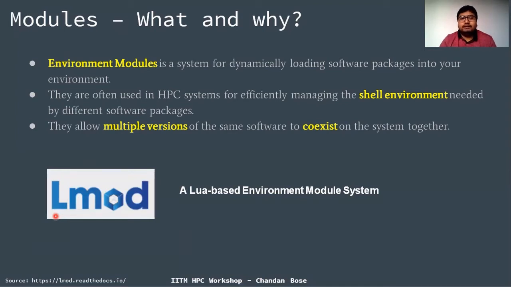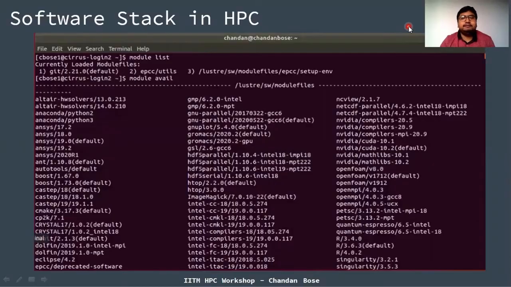I will demonstrate why these modules are really needed. HPC systems are often stacked with lots of different softwares with different versions, as you can see. However, while using our own compiled libraries or using any pre-installed CFD software, we need particular versions of these dependent libraries.